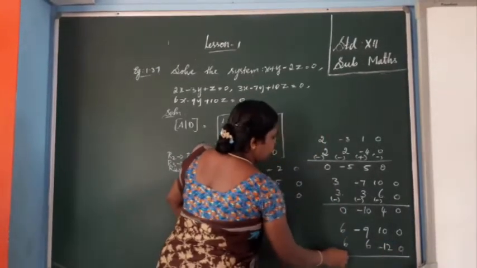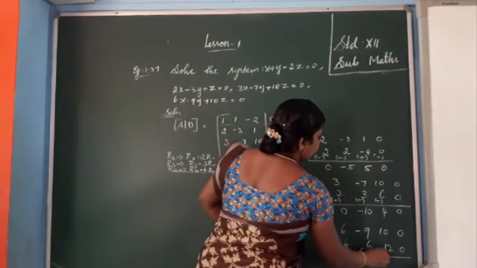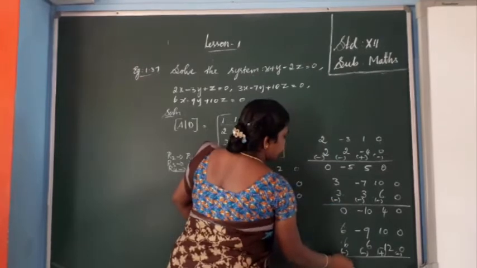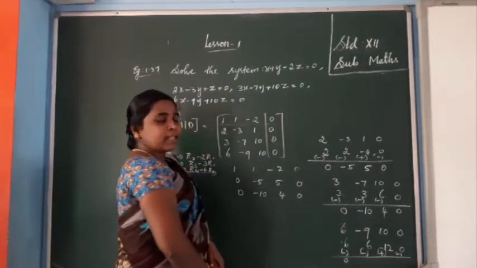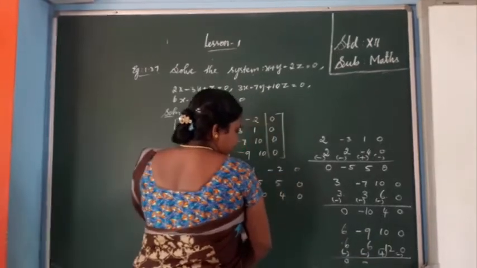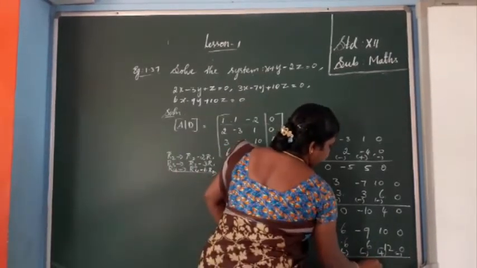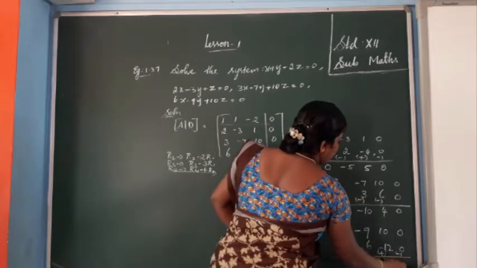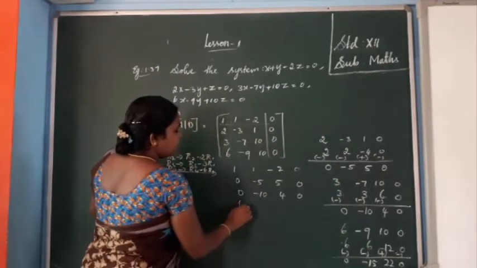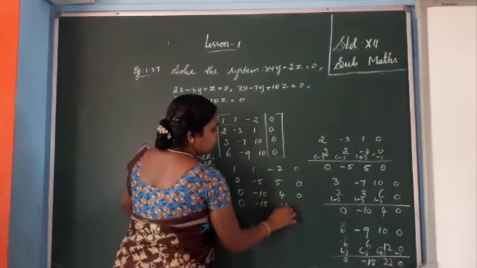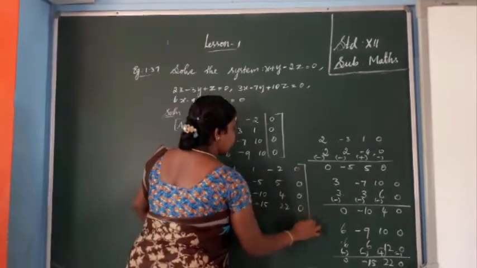Here also you subtract. 6 minus 6 is 0. Next minus 9 minus 6, both are minus, so minus 15. Next 10 plus 2 is 12... we get 22. So 0, minus 15, 22, 0.